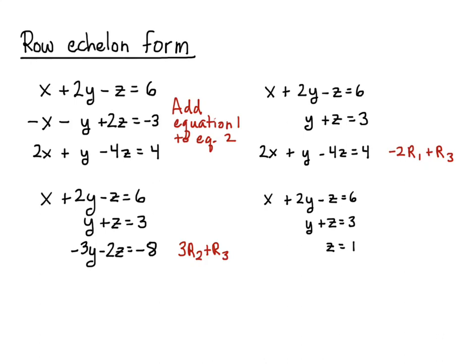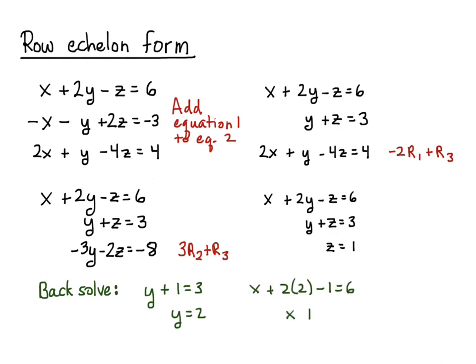So at this point then, you do what's called the back solve. Okay, so this is what we did on Wednesday. From here we figure out what y and x equal. We know z equals 1 already. So in the back solve, we'll say, okay, the first equation, y plus z equals 3, I substitute my z equals 1 in there, and so I subtract 1 from both sides, and I get y equals 2.